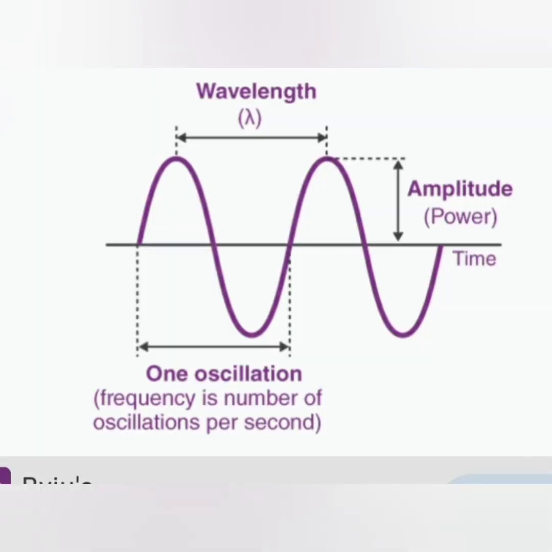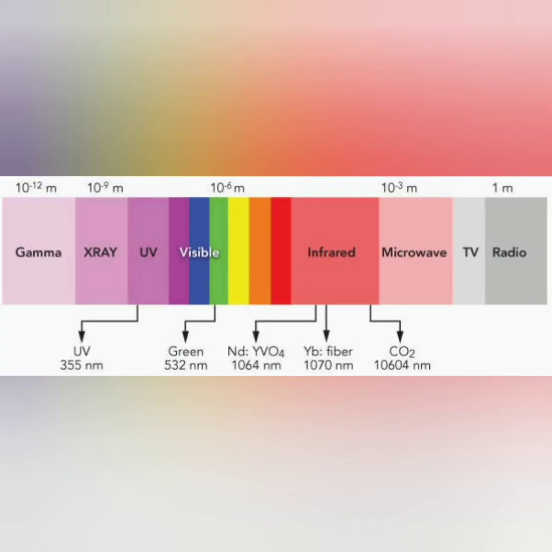The primary wavelengths for lasers include ultraviolet, visible and infrared regions of the electromagnetic spectrum. Ultraviolet radiations are the wavelengths between 180 to 400 nanometers. Visible regions are 400 to 700 nanometers and infrared regions are 700 to 1000 nanometers.